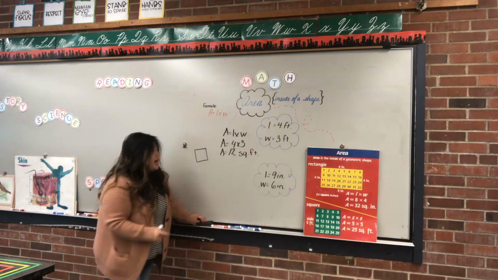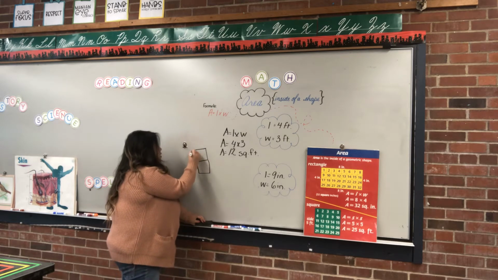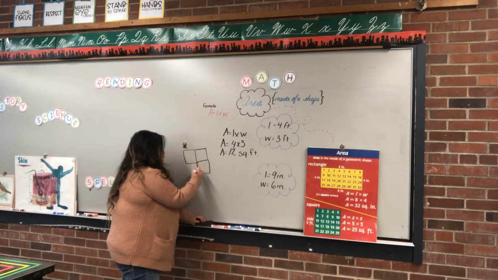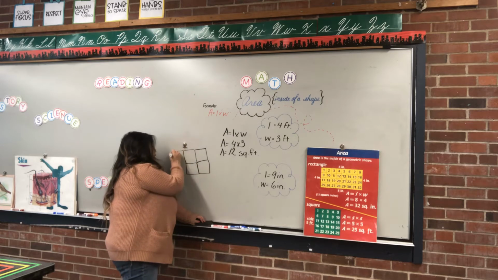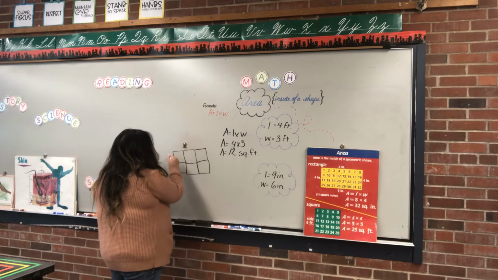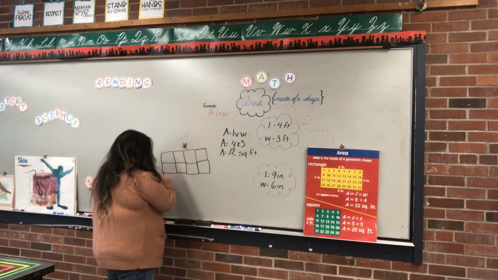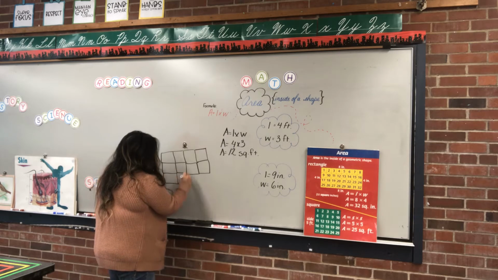Now, if you had it like this, it would be 12 of these, okay? There would be 12 square feet, and that would be your area. And remember, area is the inside of a shape.